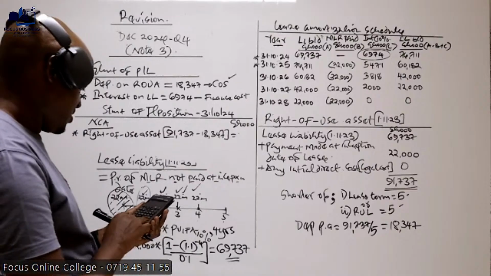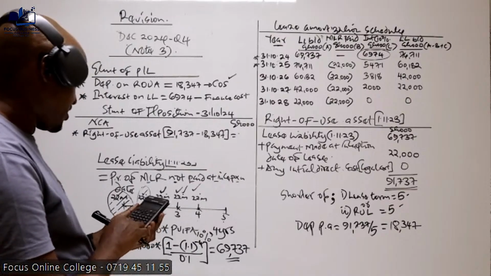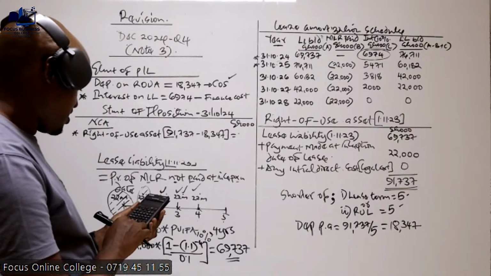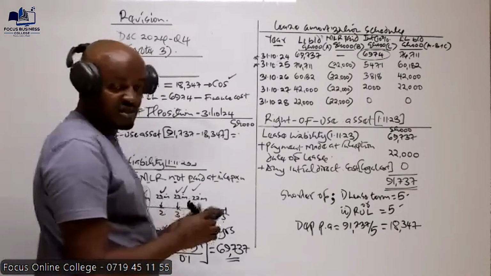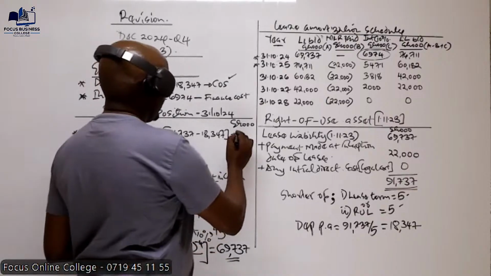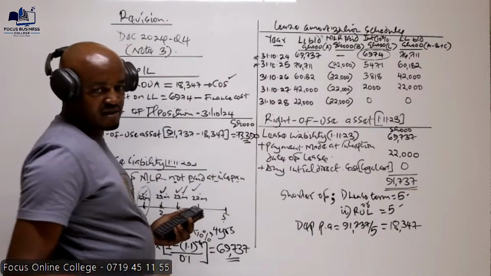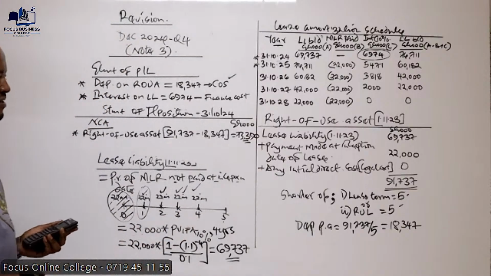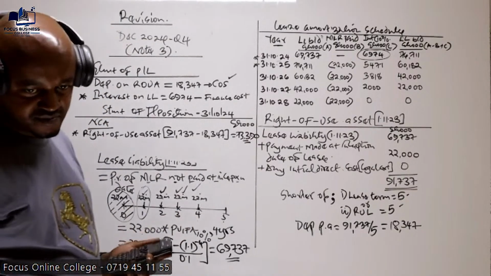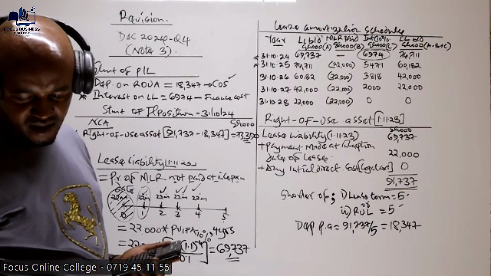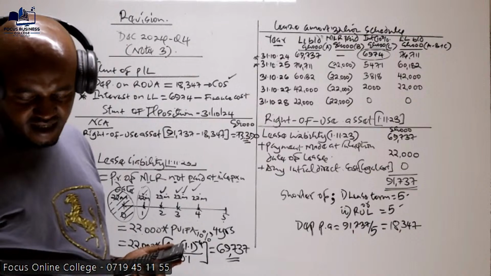Okay. So 91,737 minus 18,347. I'm getting 73,380. Is that what you're getting? 73,380. Yes.